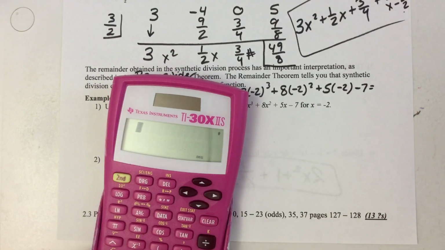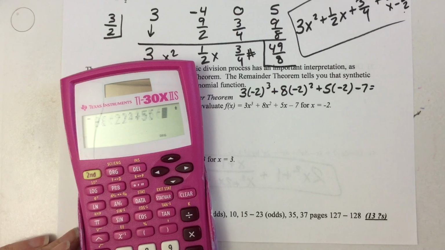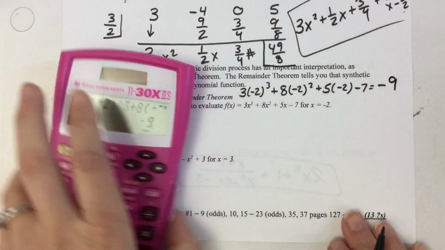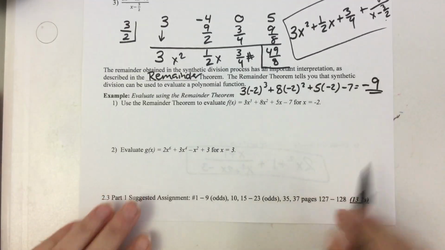That's what evaluate means. So I go 3 times -2 to the power of 3 plus 8 times -2 squared plus 5 times -2 minus 7, and I get -9. So when we evaluate, we get -9.